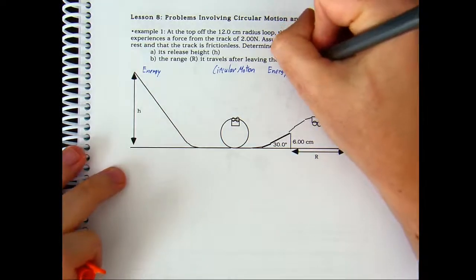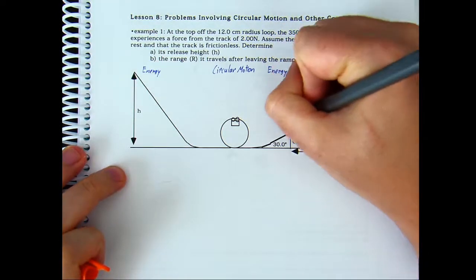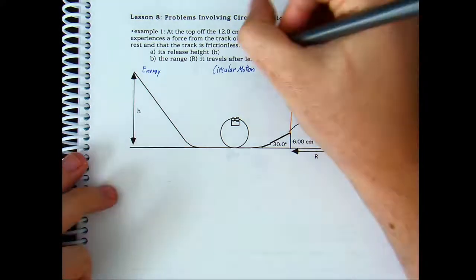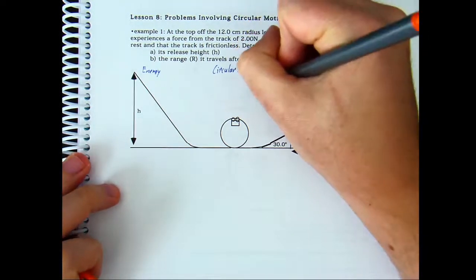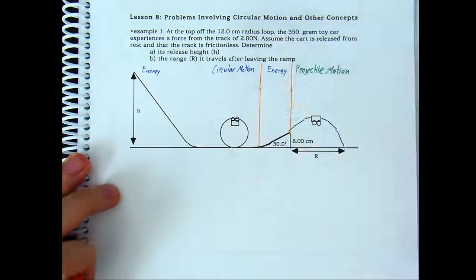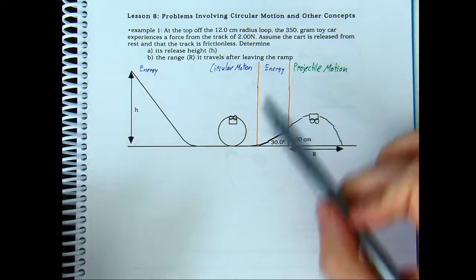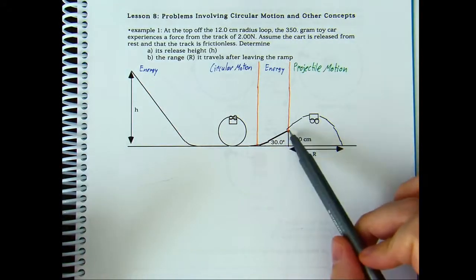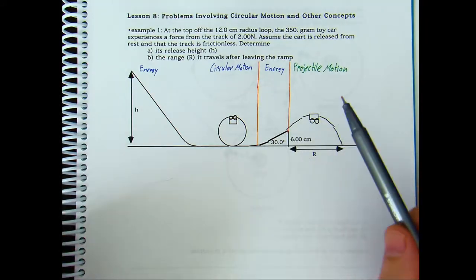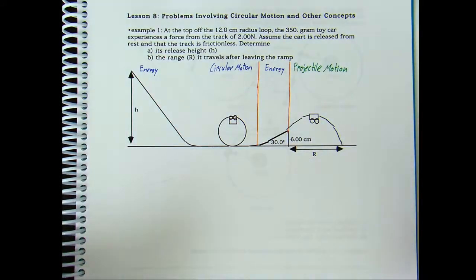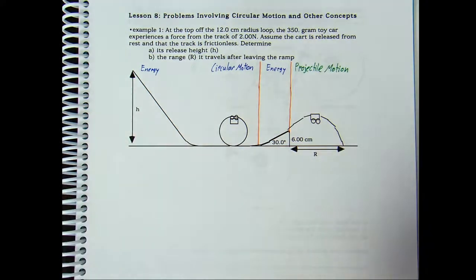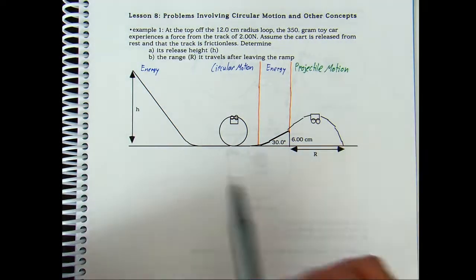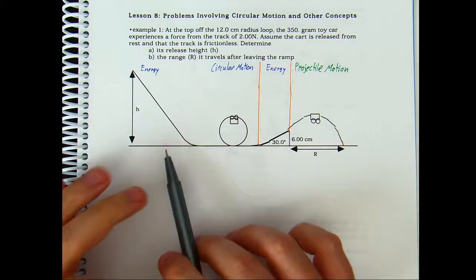Projectile motion obviously is right there. This little section of energy, obviously, right here. We've got this guy rising from level up to some height. But it's these first couple here that make this thing rather interesting.